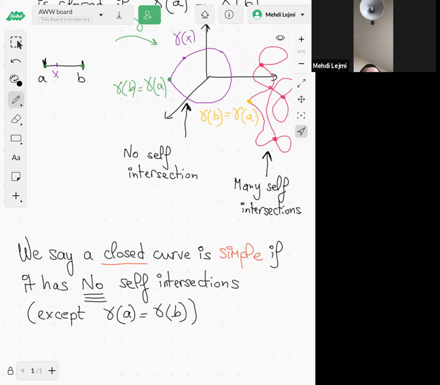So does it make sense to you guys what I mean by a simple closed curve? It's closed, which means the endpoints have the same image, and it's simple, which means it has no self-intersection, except of course at the endpoints, gamma of A, which is equal to gamma of B. So here are more examples.